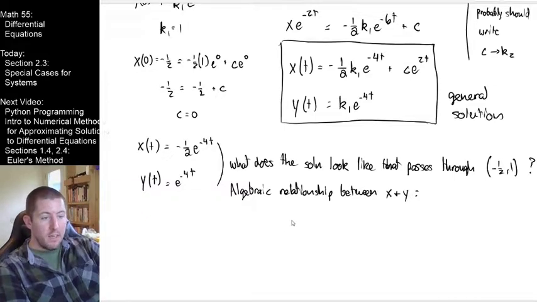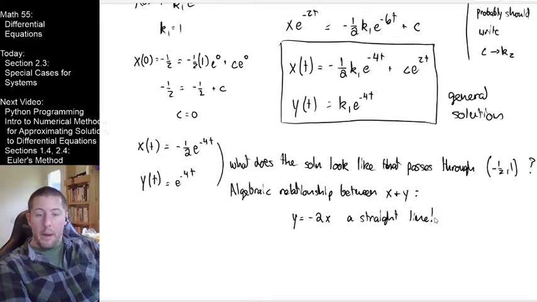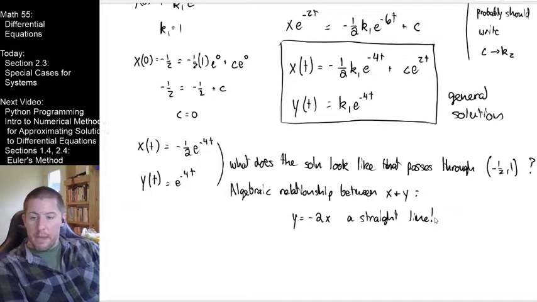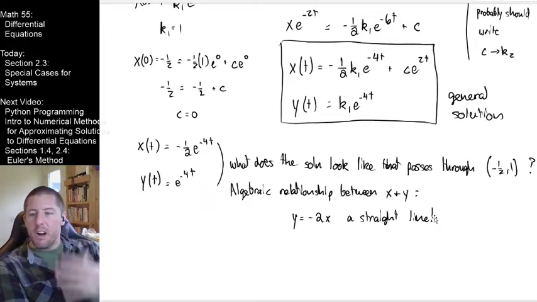It looks to me like if you were to multiply x by -2, you would just get y. Oh my goodness, we just found that there should be a straight line solution in our phase diagram, at our phase portrait.